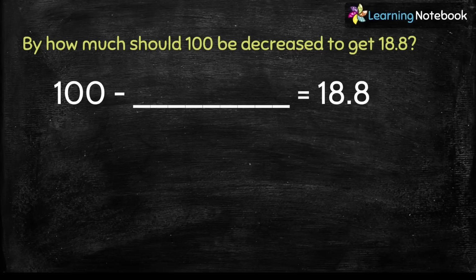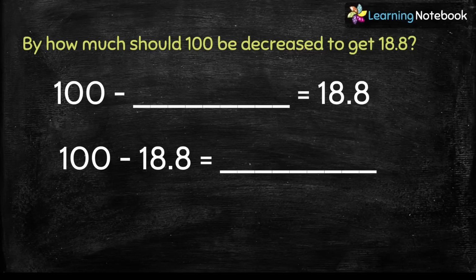So let's interchange the sides of 18.8 and dash. So their signs will also change. 18.8 becomes minus 18.8 and minus dash becomes plus dash. So we have to find 100 minus 18.8.